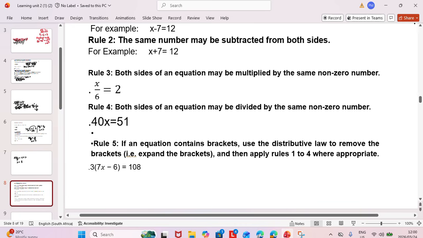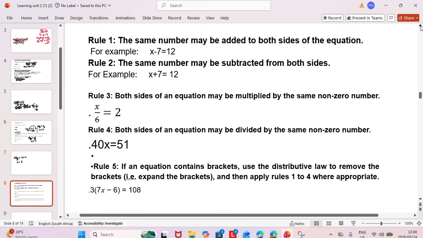Okay, here are some examples that were given here. If you have x minus 7 equals 12, solving for x, you're going to take the negative 7 from the left to the right hand side. The sign will change into a positive.